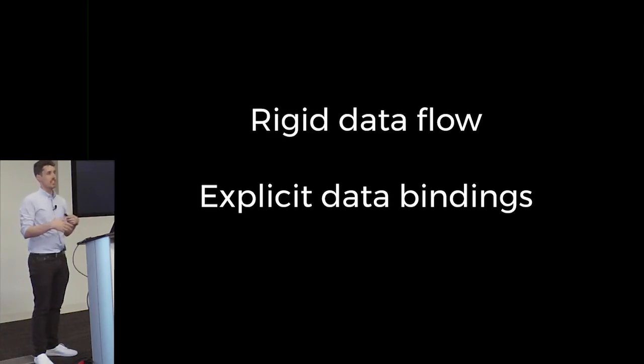Rigid data flow meaning children don't update themselves. They update some state that's held by some parent, and then that comes back down to update them. And explicit data bindings in the fact that we know upfront what data can change our view. So all of this is very hand-wavy, so let's look at an example.